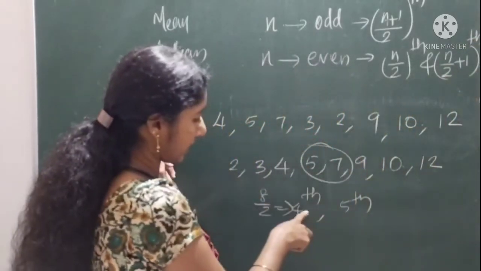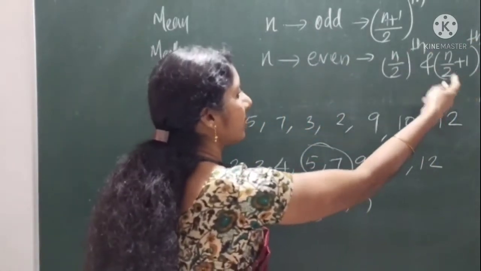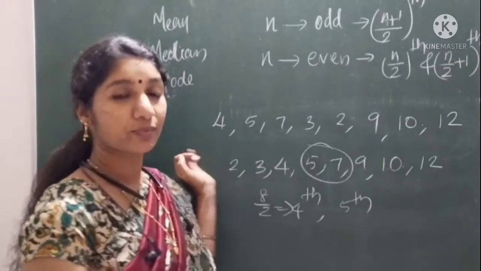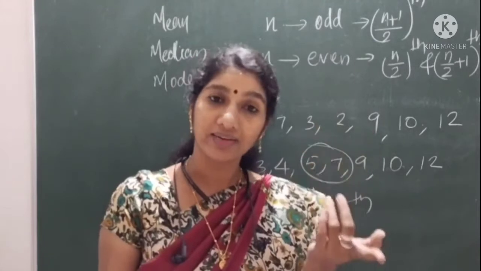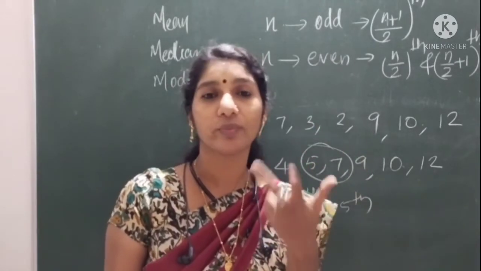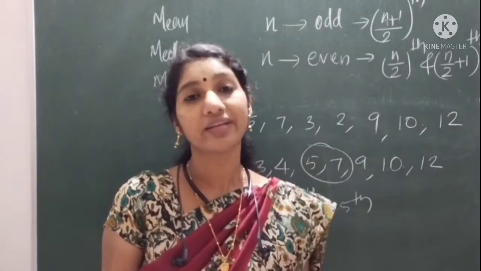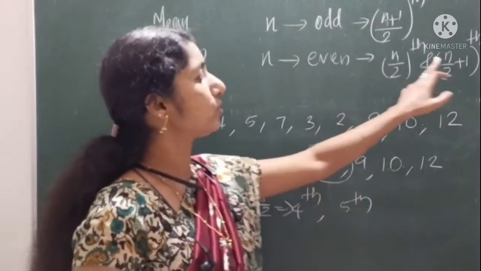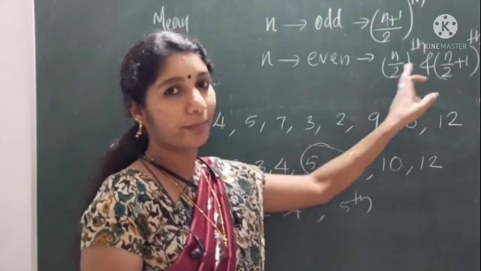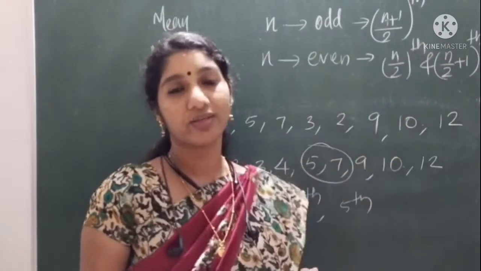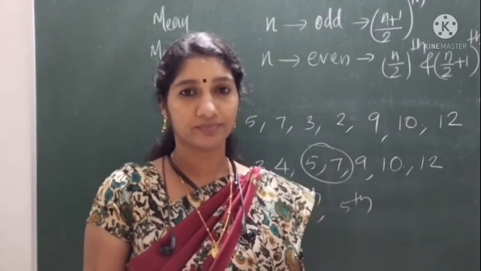Suppose there are 20 observations, 20 by 2 is 10, so the 10th and 11th observations are the 2 middle values. Then how do we find the median? The average of these 2 values: add this number plus this number, divided by 2. You will get the median of the data. Okay.